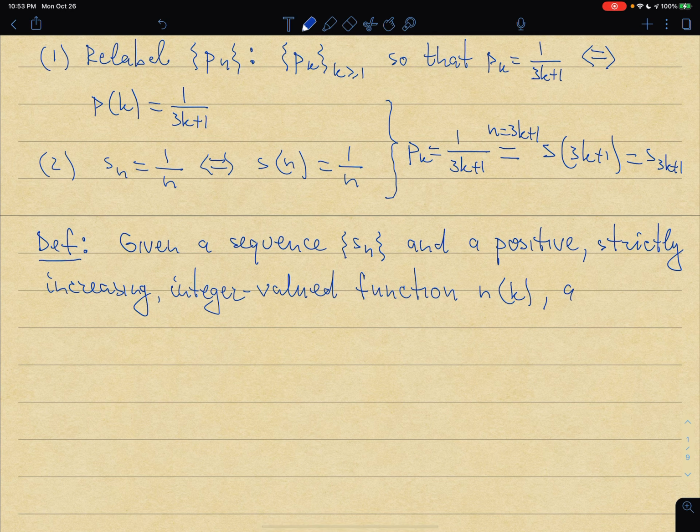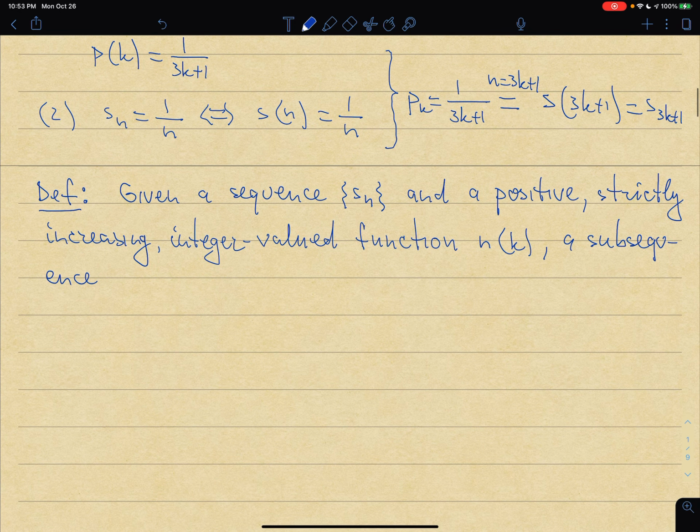A subsequence S_{n_k} is defined as S_{n_k} equal to S of n of k.